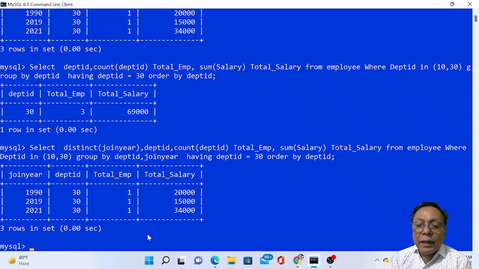And this is the summarized salary of department ID 30. So I hope you understood the combination of having clause and where clause. Where is there, group by is there, having is there, and order by is there. I have used all the clauses.